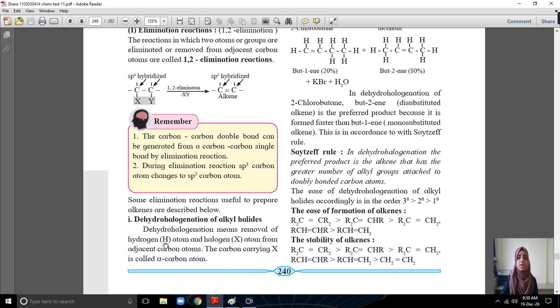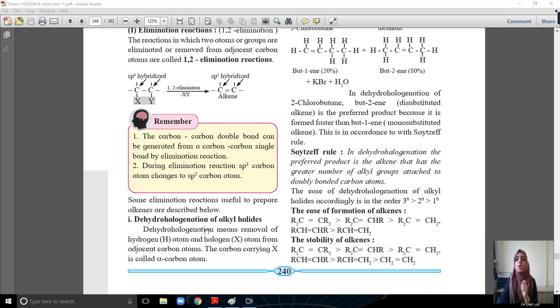So first in elimination is dehydrohalogenation. De means removal; we are removing some group or atom in the reaction. Dehydro means removal of hydrogen, and halogen, so dehydrohalogenation is removal of hydrogen and halogen from alkyl halide.